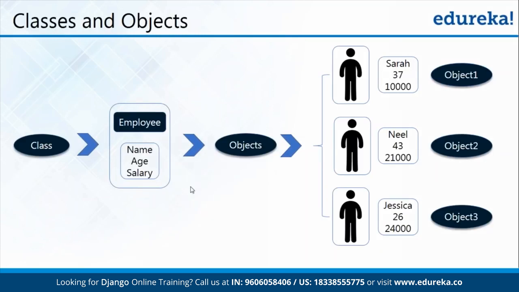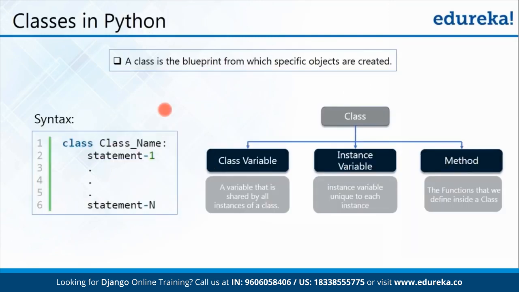So we'll move forward and we'll see how to actually create a class in Python. This slide tells you how to create a class in Python. I've given a syntax over here in which you have to first write class, then give a name, and then various variables and functions that you are going to define in your class. Now a class in Python actually consists of three key components.